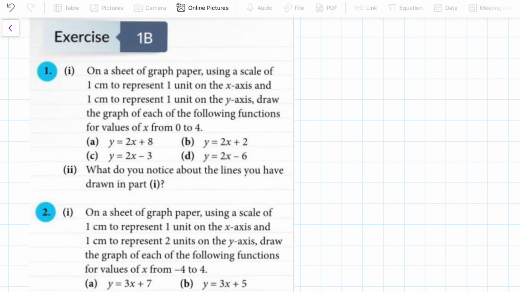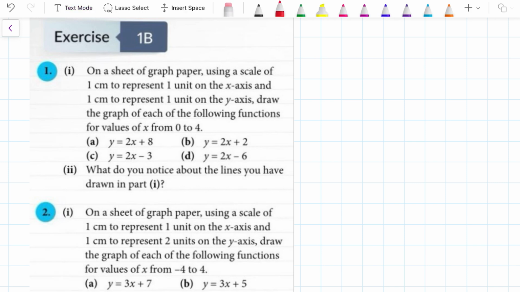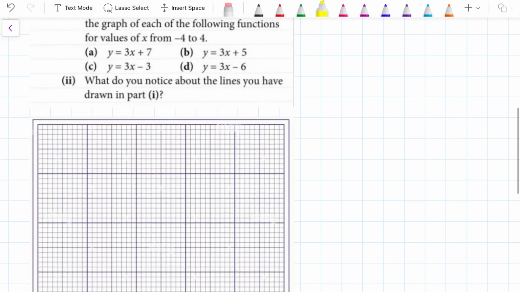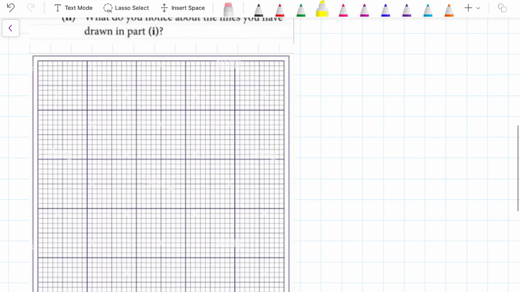On a sheet of graph paper, using a scale of 1 centimeter to represent 1 unit. Now we need to know what is meant by 1 centimeter to represent 1 unit on the x axis, and then they're saying 1 centimeter to represent 1 unit on the y axis. What does this scale mean? Do we measure it with the scale? No. This is the kind of graph paper that we are given in our CI exams or we generally use in our schools.